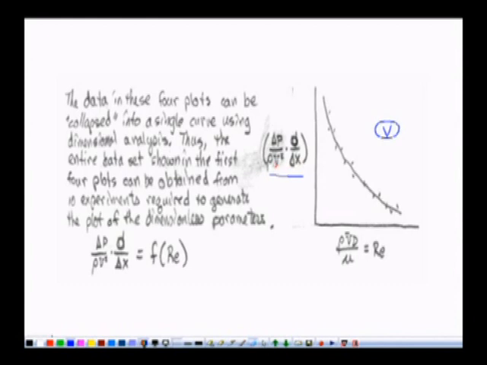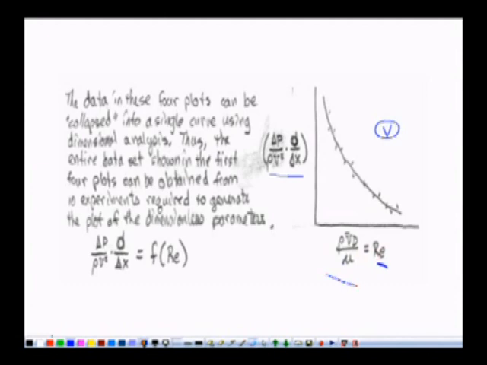So, here we have velocity, here also we have velocity, and simply by changing the velocity we are changing this rho v d divided by mu. By changing simply one variable out of these four, we will change this whole independent variable, which is merged here, and this is known as the Reynolds number. We have already learned about the Reynolds number.